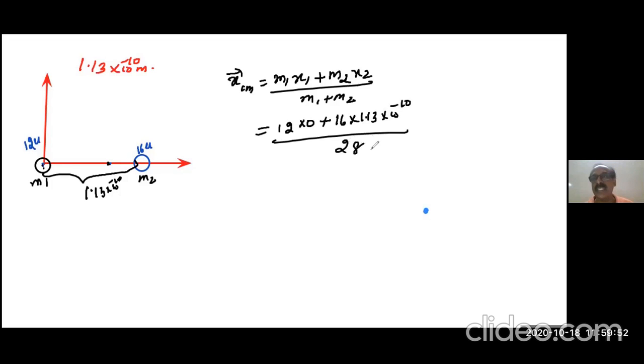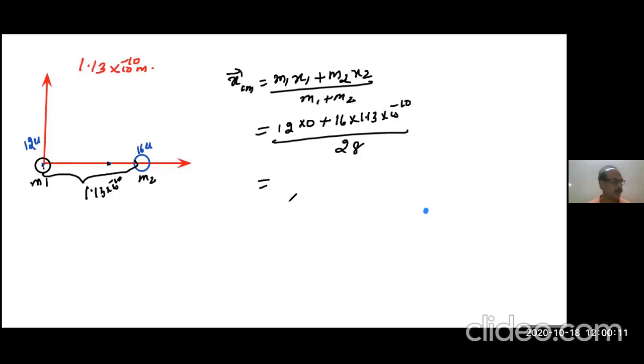Here I am not converting the unit of atomic mass unit. Even if you convert it to kilogram, the unit will cancel out. Don't get confused. Here I am only converting into meter, because the atomic mass unit cancels.